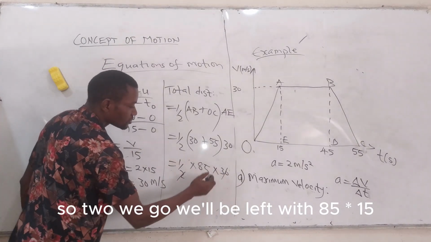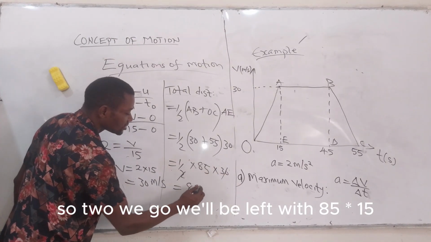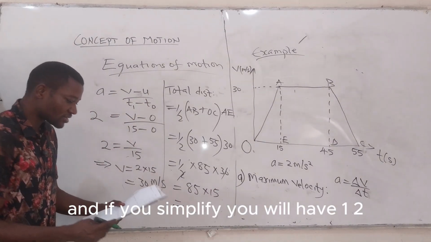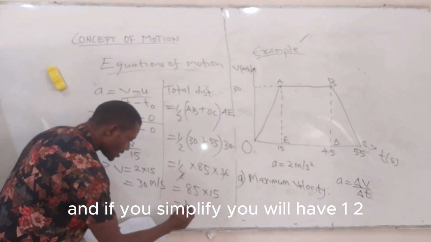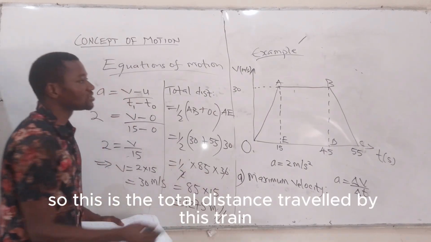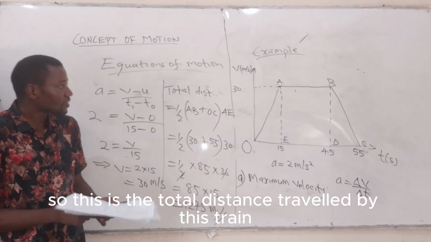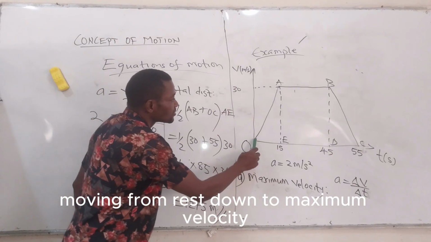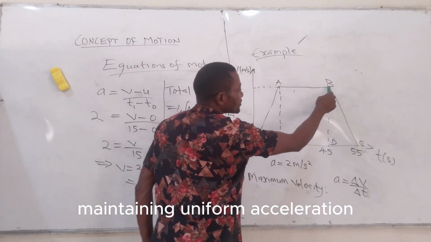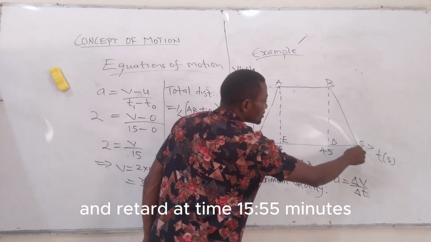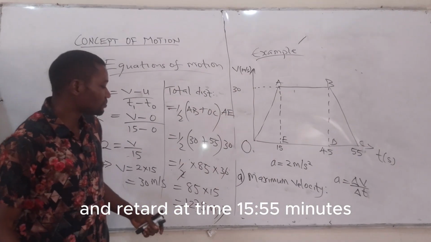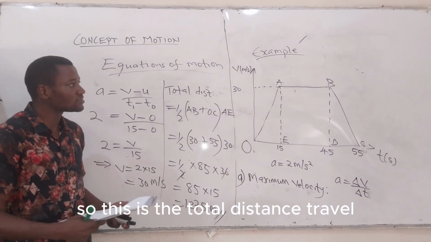So 2 goes, we'll be left with 85 times 15. And if you simplify, you will have 1275 meters. So this is the total distance traveled by this train moving from rest up to maximum velocity, maintaining uniform acceleration and retardation, in a time of 55 seconds. So this is the total distance traveled.